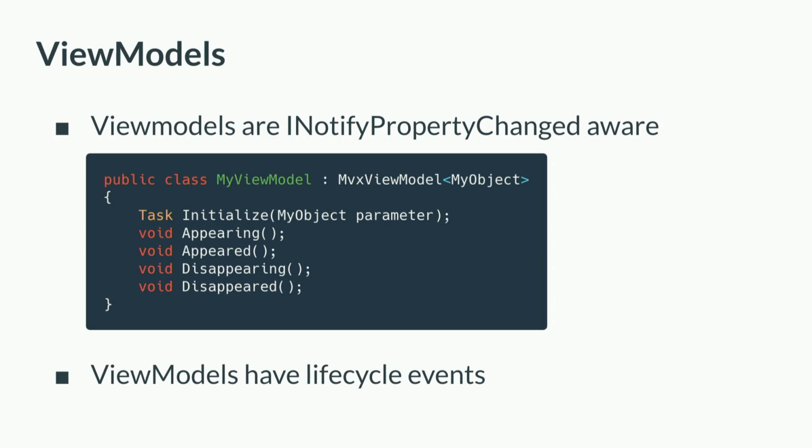It also has lifecycle events. So this makes it really helpful if you want to bring anything from your view model to your view and hook into events that actually happen on your view. So say appearing, that's a view event, but you can't catch it in your view model. iOS will bring it to your view model, Android will, and you can execute logic there that you normally couldn't do.